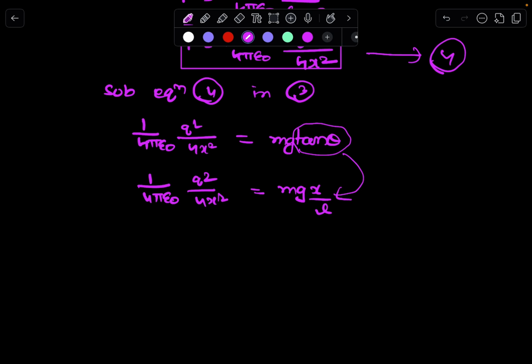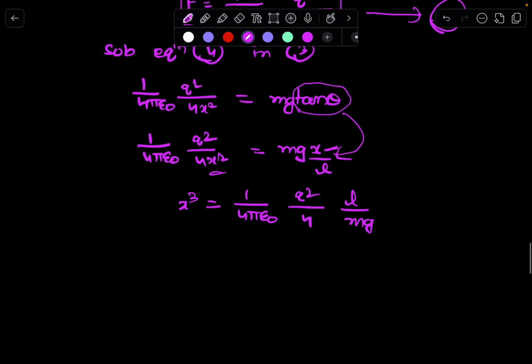After getting this equation, now I'm going to take x terms all to one side. Here x square will be there, here also x will be there, right? So x square into x becomes x cube. So x cube is equal to 1 by 4 pi epsilon naught into q square by 4 into L by mg, correct or not?